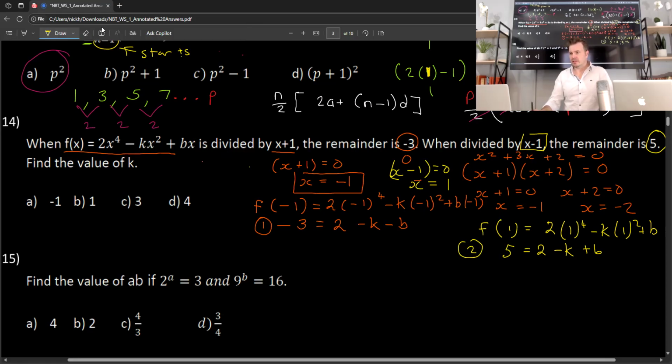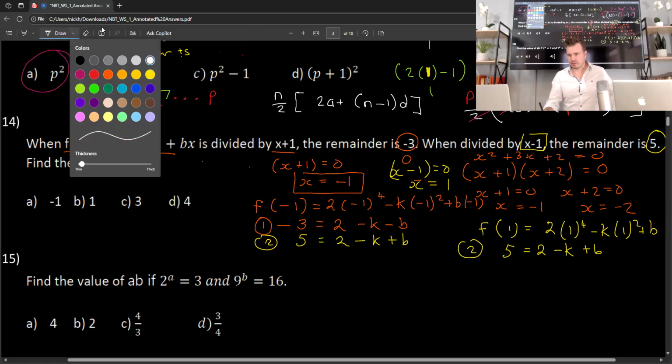Now I could manipulate it and get b to be one thing, or I could just write them underneath each other exactly as I see it, right? So I'm going to do that. It's 2 minus k plus b. And the reason I'm doing that is because I can see that if I subtract these from each other, I'm going to be left with just 2b, right?